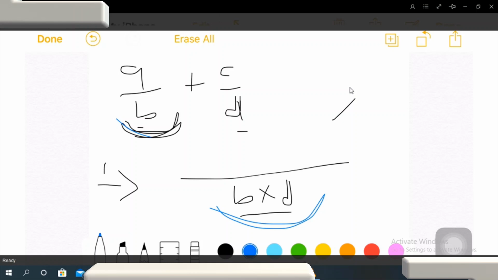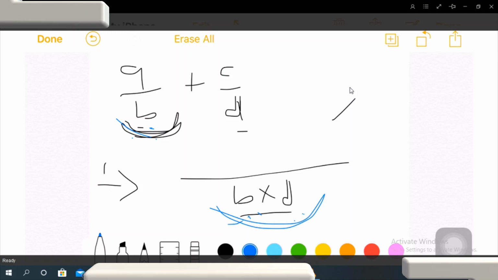Why I like this method is I don't need to start reciting my multiplication table. If this is B times D, I'm asking myself how many times B will come into this too. It's like B will come and take its partner B, and then they travel.